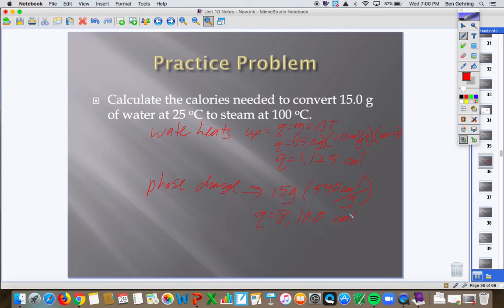And then I can add these two together. So 8,100 plus 1,125, and I get Q being equal to 9,225 calories. Now, if I look here, I have 3 significant digits. So if you want to be specific and picky, Q equals 9,230 calories. Okay? So that's how we do those kinds of questions.